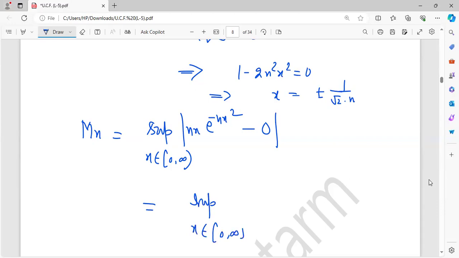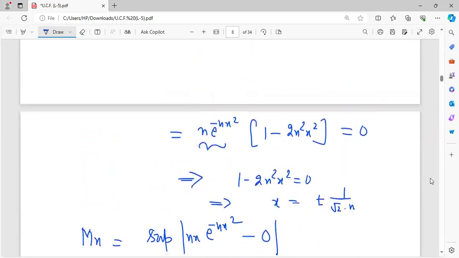However, a negative value cannot be taken. Okay. So this is n upon under root 2n e to the power minus n into 2n square. Let me check once again. Maybe some mistake is there. Let me check.